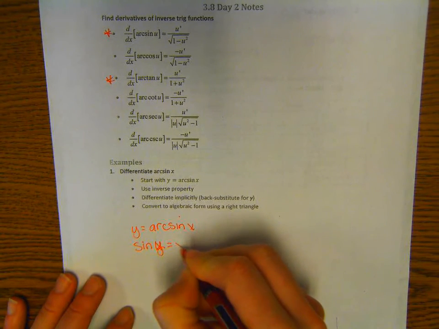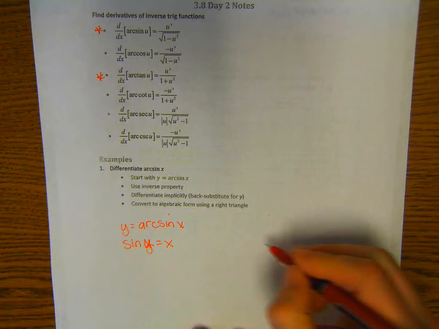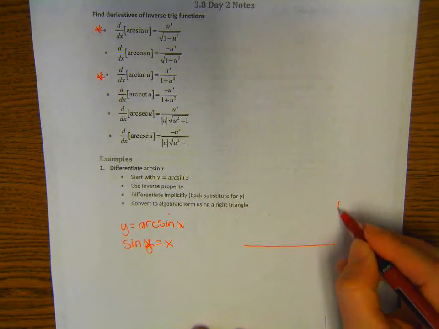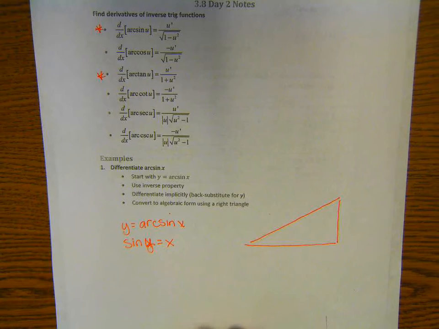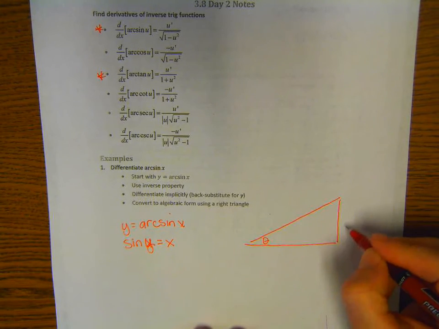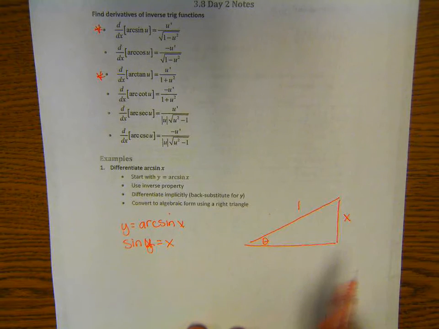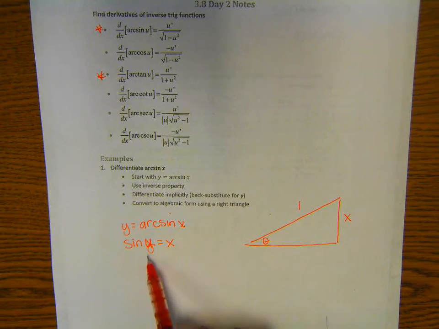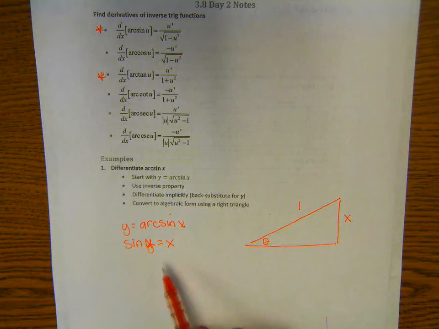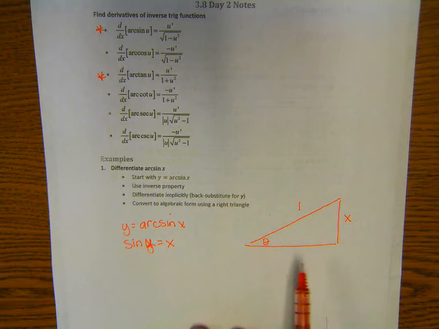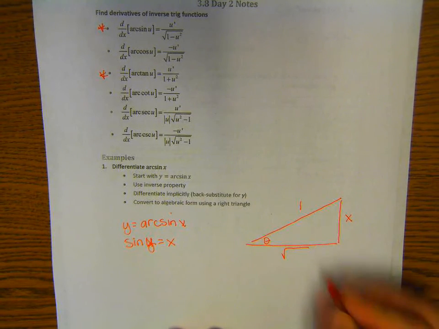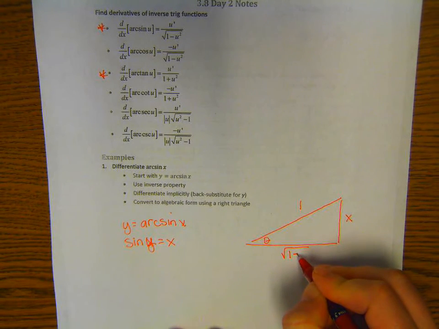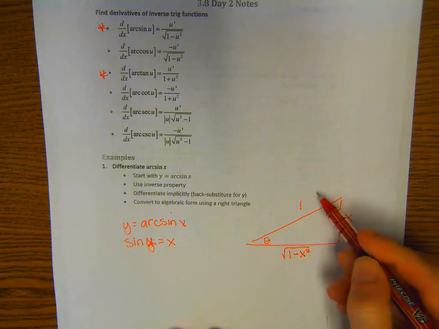If I make a triangle where that was true, I'm making y this angle, theta, and sine is opposite over hypotenuse. So what would the other side be? Yep, the square root of 1 minus x squared.